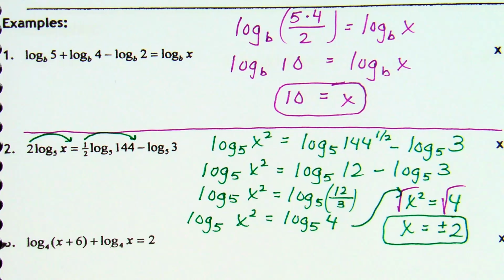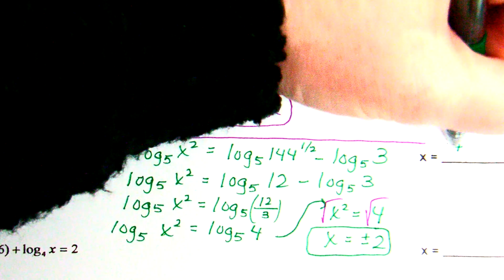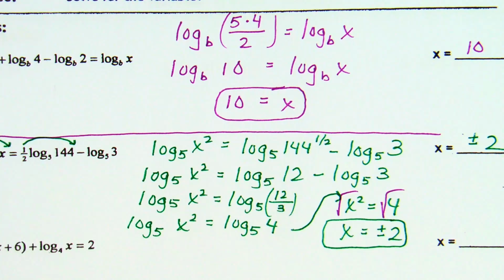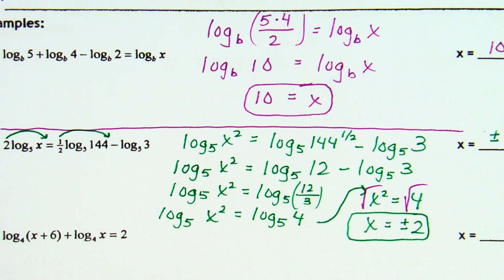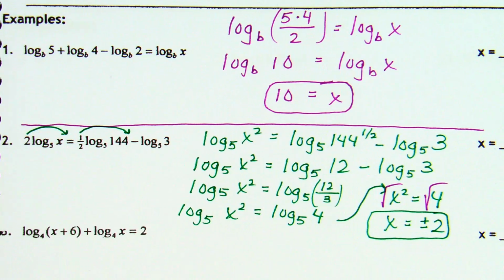And so in this case, we can actually say that positive and negative 2 work. And again, it's because of that negative there. So they do both work. But here's what you need to be in the habit of: checking your negative answers. Well, I should be saying checking all answers, but specifically the negatives are the ones you might run into problems on.